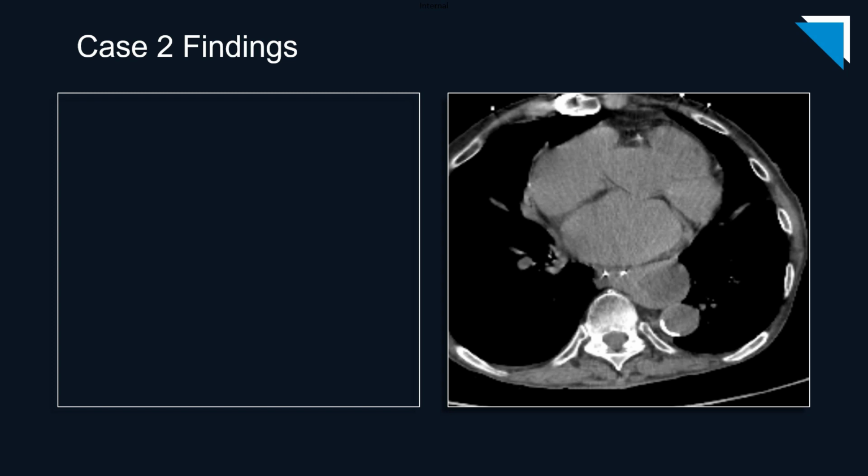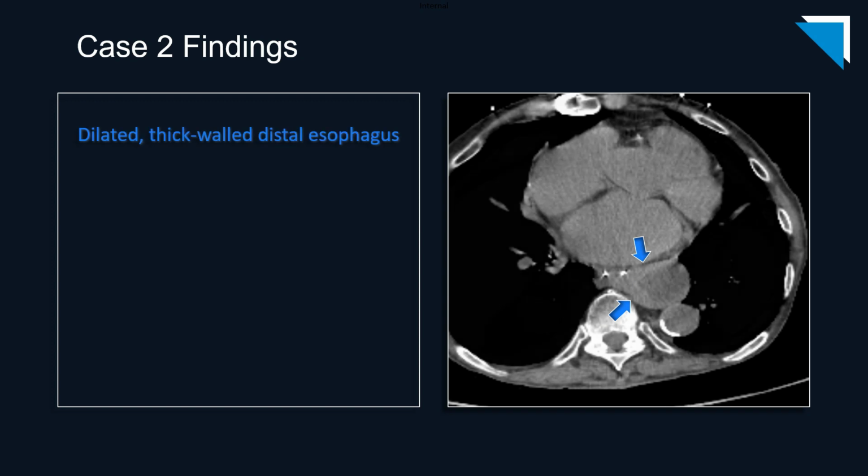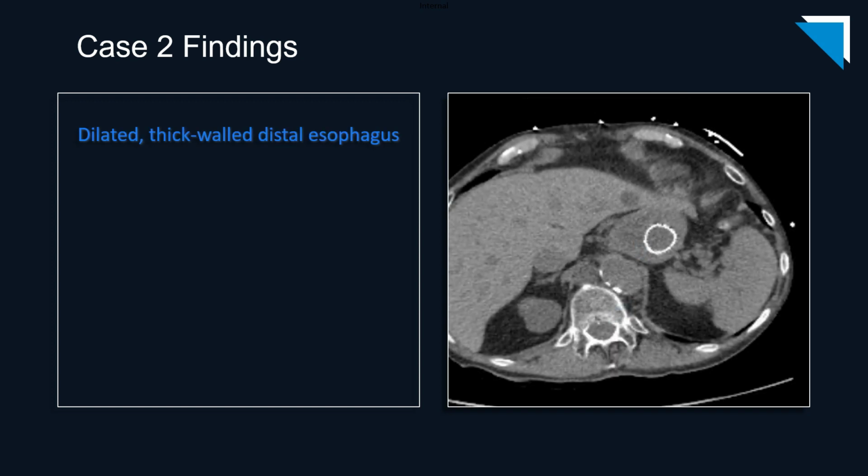Reviewing this single slice at the level of the lower chest, we can see dilatation of the distal esophagus with associated irregular wall thickening. A bit more inferiorly at the level of the upper abdomen, we can see a stent at the level of the gastric fundus.